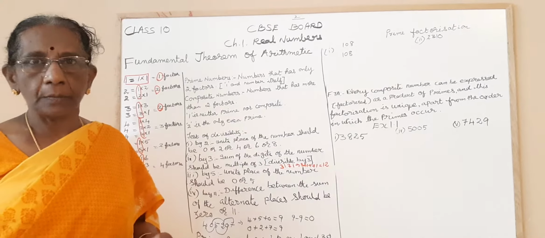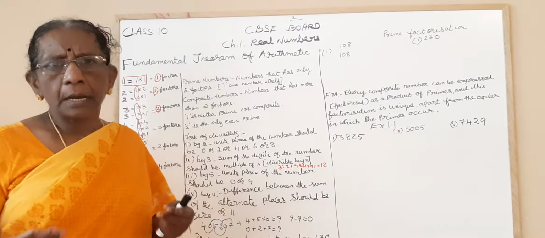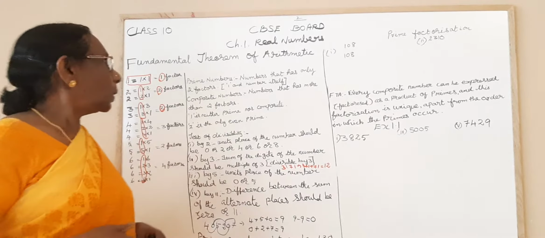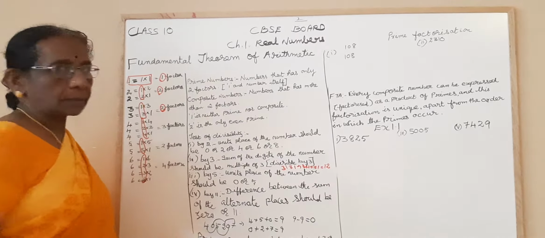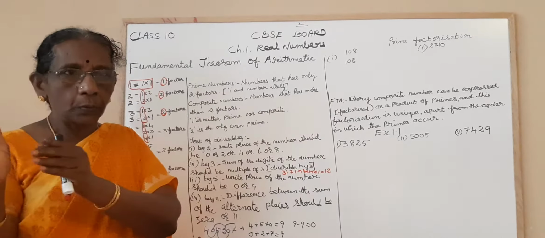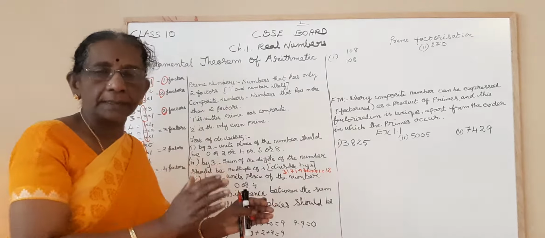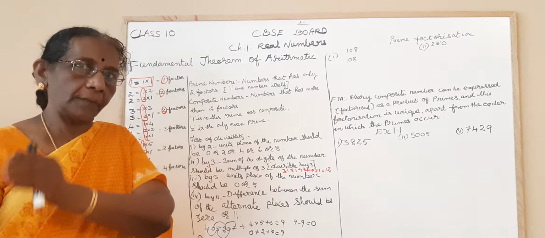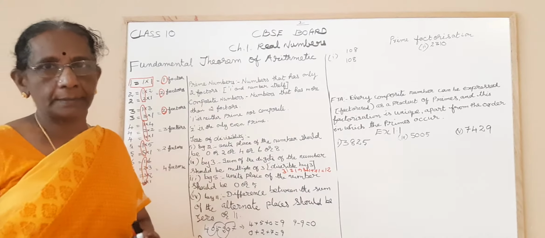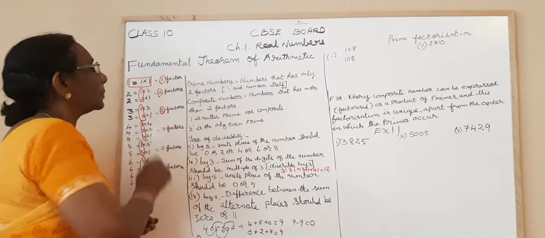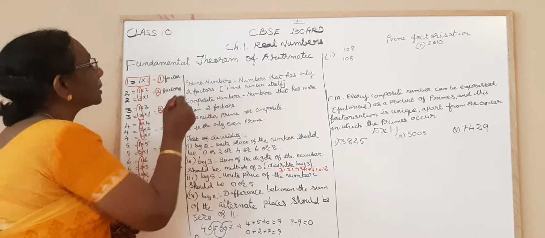You can find, because natural numbers contain infinite, countless numbers, isn't it? So now we are going to group them into 2. One, a set of numbers having only 2 factors. The other one, a set of numbers having more than 2 factors. So they are given special names. What is that? Prime numbers and composite numbers.